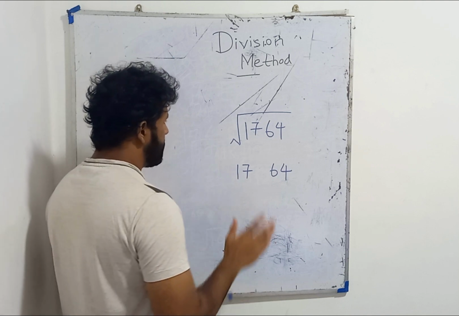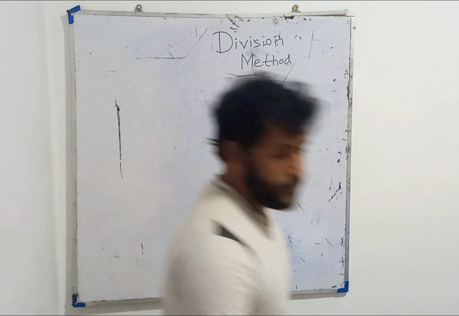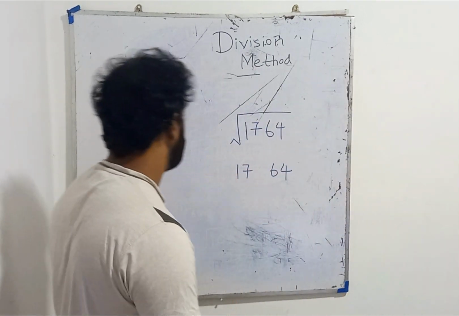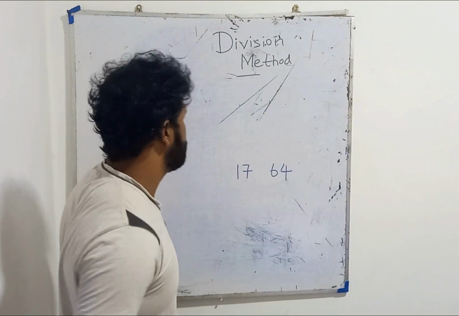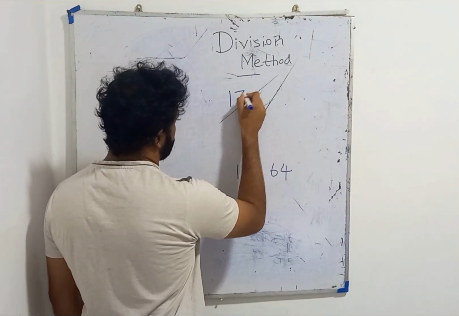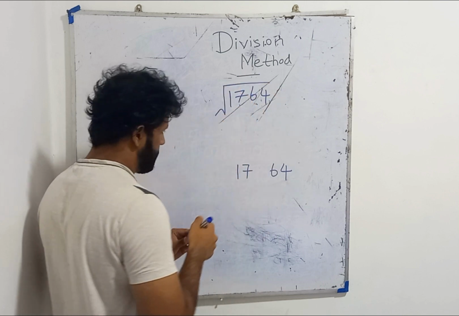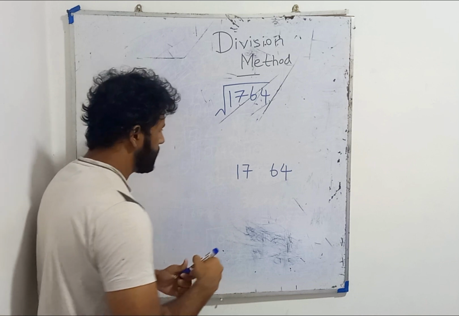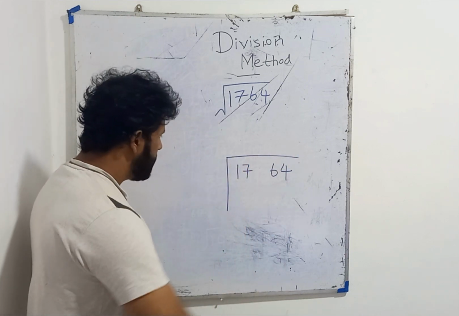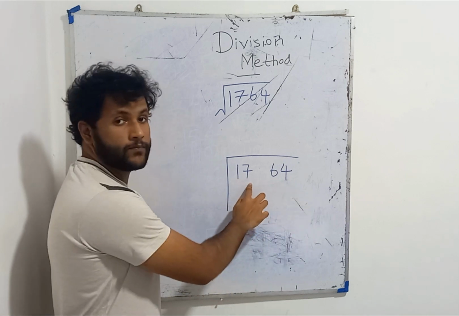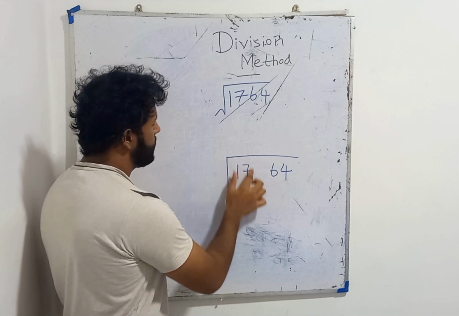Now we are going to use the division method. Now we have come to the real topic. The square root of 1764, division method. You have to put the division mark. Then look at the left side corner number, which is 17.